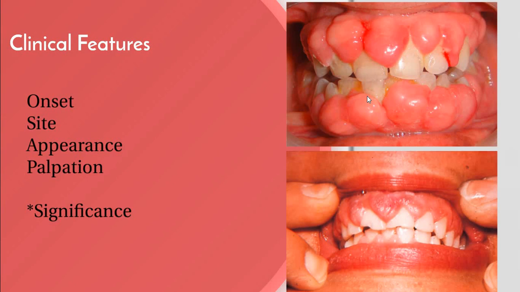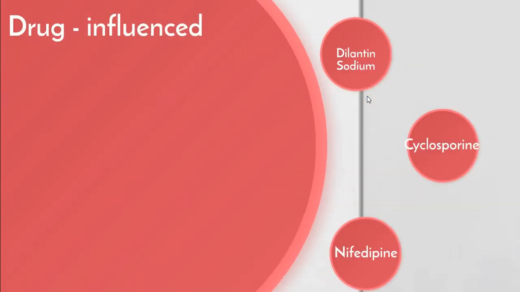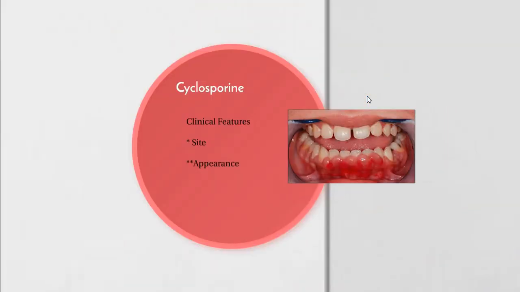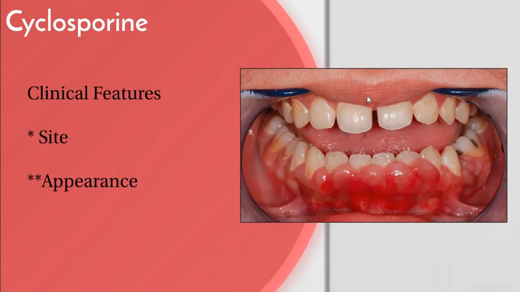The second drug that contributes to gingival enlargement is cyclosporine. Cyclosporine is a potent immunosuppressive agent used to prevent organ transplant rejection and to treat several diseases of autoimmune origin.